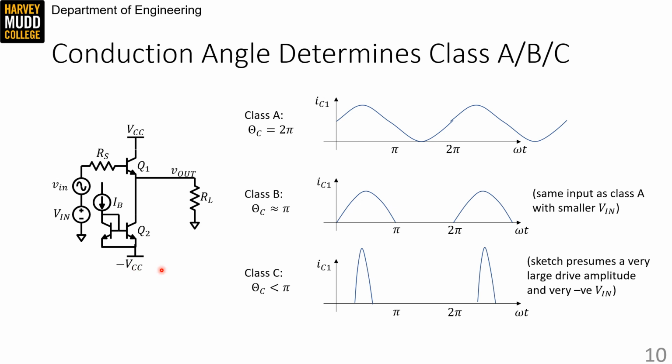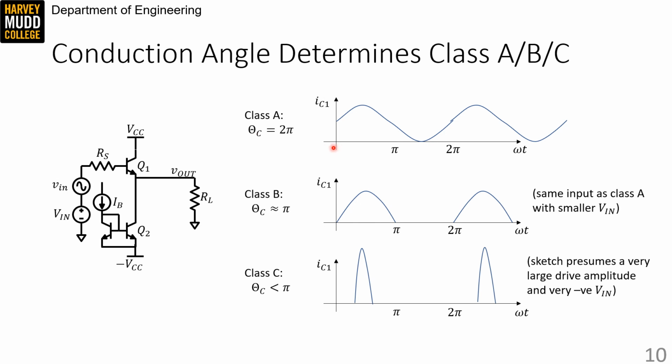A more technical way to think about whether amplifiers are Class A, Class B, or Class C is called the conduction angle, which I've chosen to note with theta C here. And this is actually how Class A, Class B, and Class C amplifiers are defined. The conduction angle refers to the fraction of the input period during which current is running in our output device, in Q1. And you can see that for a Class A amplifier, the conduction angle is 2 pi, or put another way, we always have some current running in Q1.